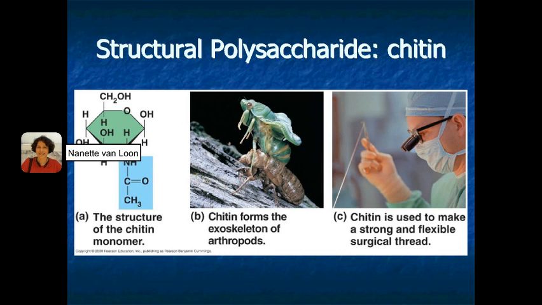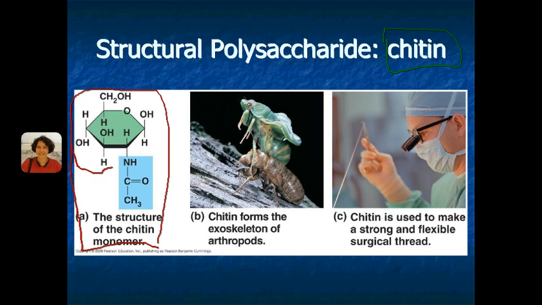The other structural polysaccharide that we saw already is chitin, and chitin is found in insects and in crustaceans as part of their exoskeleton. Here we see the monomer of chitin that includes a glucose molecule, but it is not exactly just the glucose molecule.